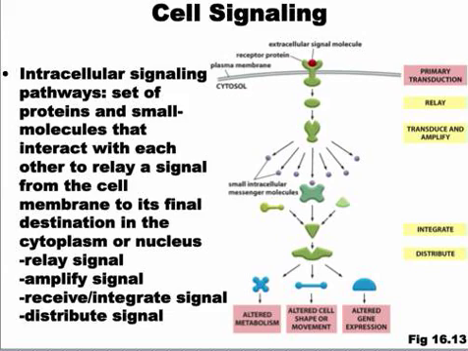Okay, so I have the official definition of intracellular signaling pathways on this slide. It is the set of proteins and small molecules that interact with each other to relay a signal from the cell membrane to its final destination in the cytoplasm or the nucleus.